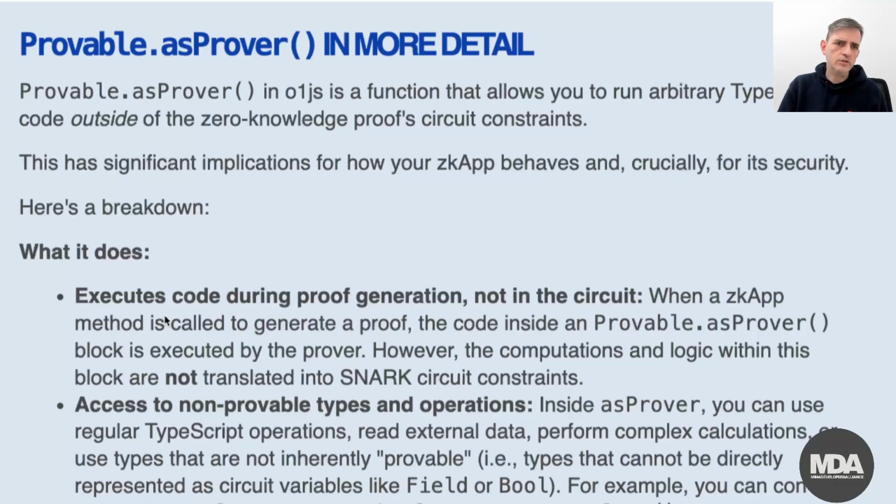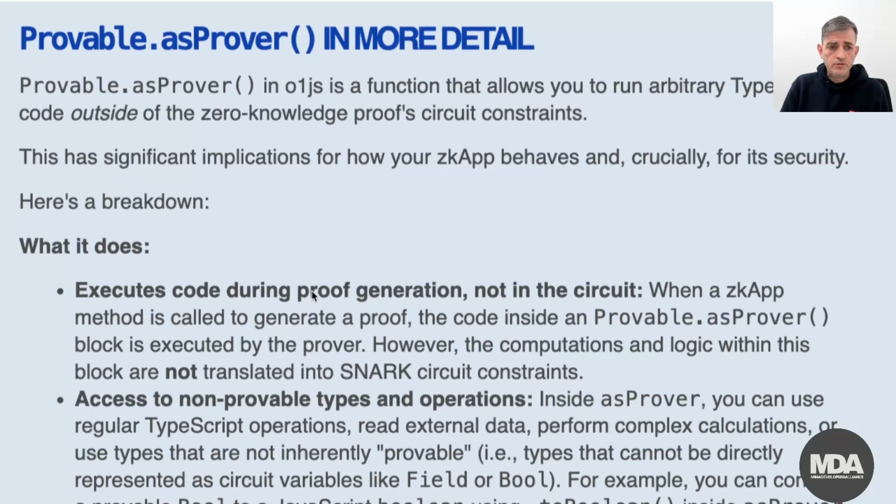So what does this Provable.asProver do? Well, it executes code when we're generating the proof, but it is not part of the circuit. So any conditionals, anything that happens within that Provable.asProver block does not form part of the constraints within the circuit. Now this can be useful.